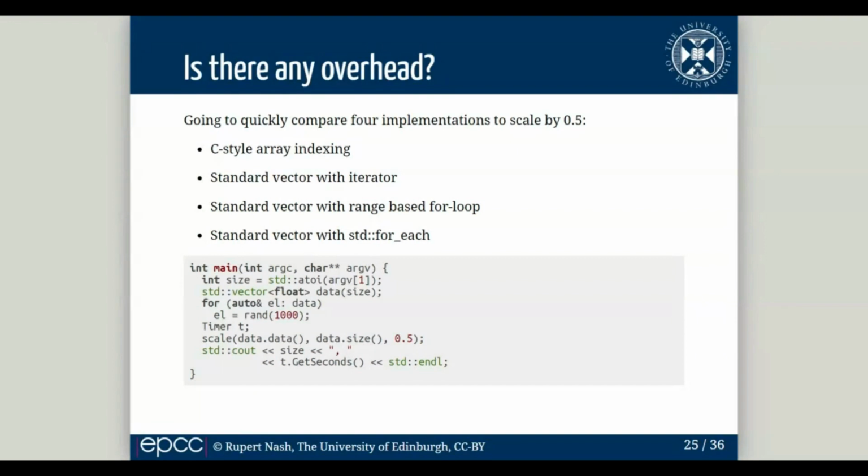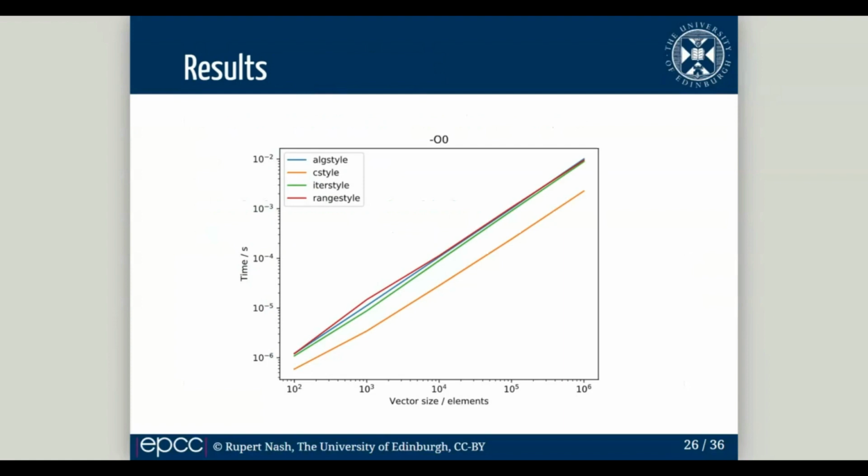The C style, the standard vector iterator, the range-based for loop, and now the algorithm, for some vector of some size. What we see from this is that the C style, in the orange yellow color, does seem to be slightly quicker without using any compiler optimization.